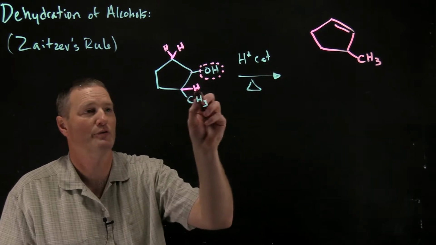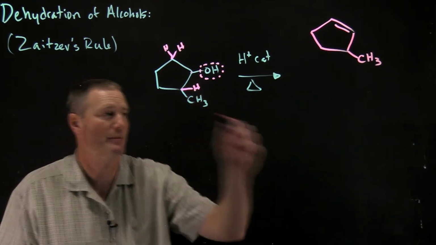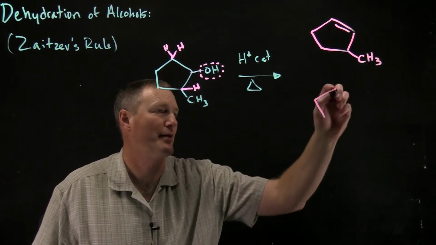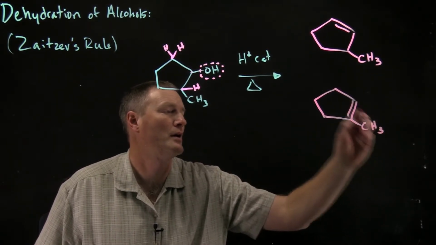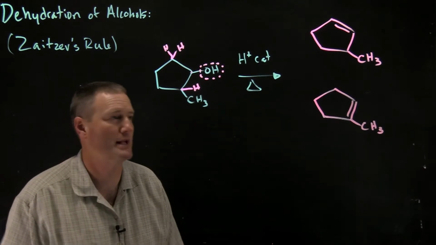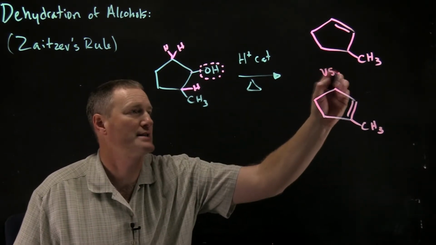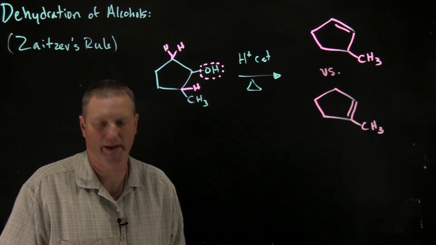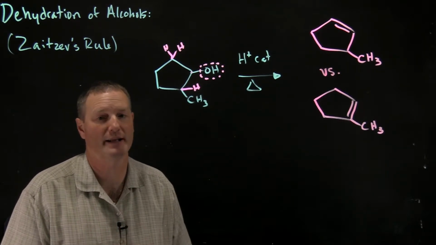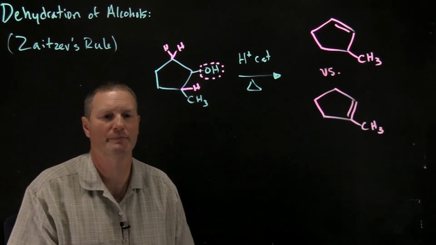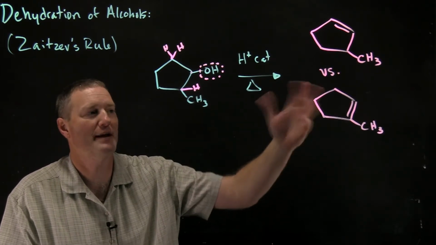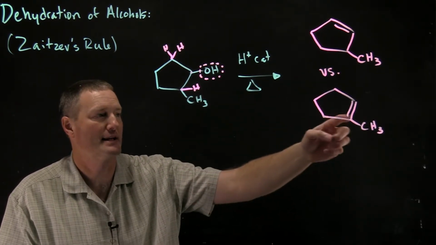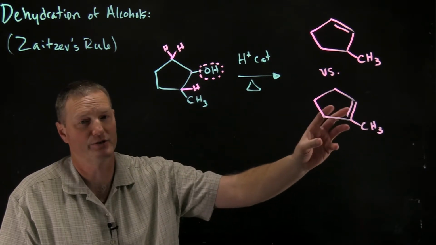Conversely, if I removed this proton here and introduced a double bond next to the methyl group, I would get 1-methylcyclopentene. So if we were trying to figure out the major product of this, applying Zaitsev's rule, again, his rule states that when dehydrating an alcohol, the favored product is the carbon-carbon double bond that has more substituents on it.